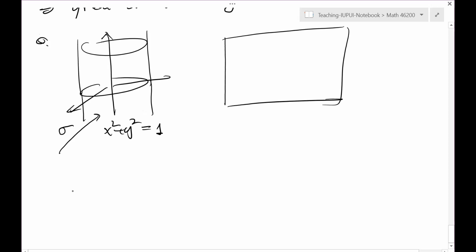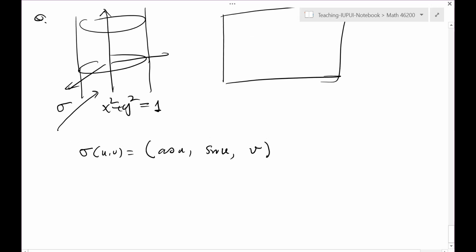Let's take a look at the special surface patch. Sigma of U, V is going to be cosine U, sine U, and V. Okay, so sigma U equals negative sine U, cosine U, and 0.